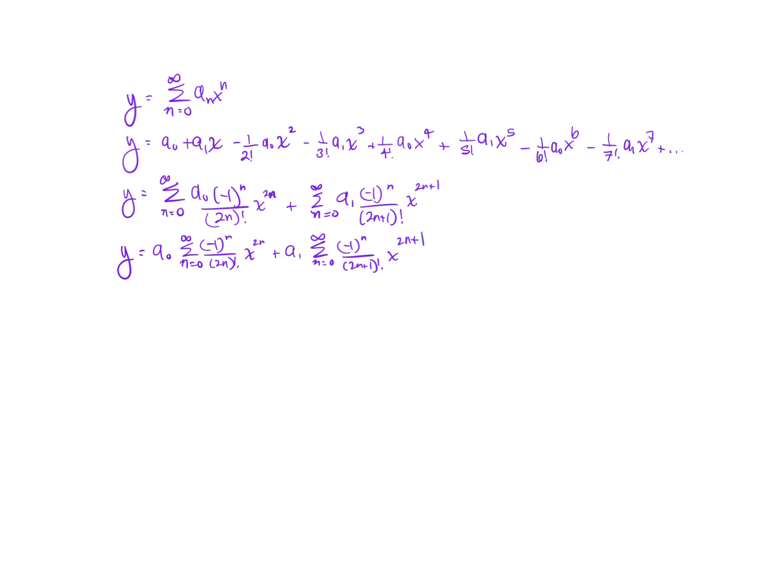We discover that now this sum represents cosine. This is our Taylor series expansion for cosine x. And this guy is our Taylor series expansion for sine x. So truly, we still get y equals a naught cosine x plus a1 sine x. So they may not be c like we had in the very beginning, but you end up with the same answer.